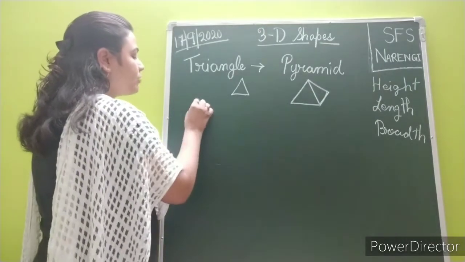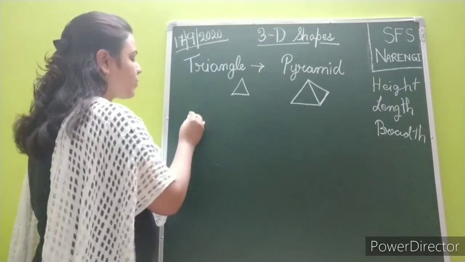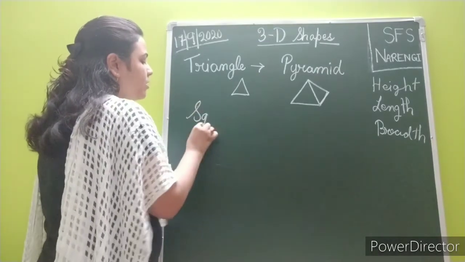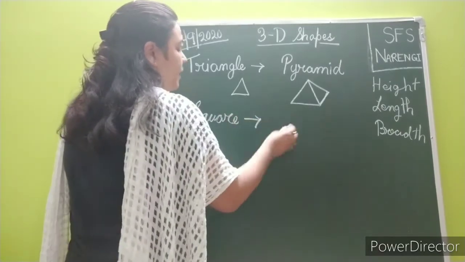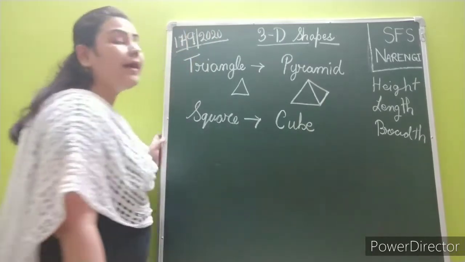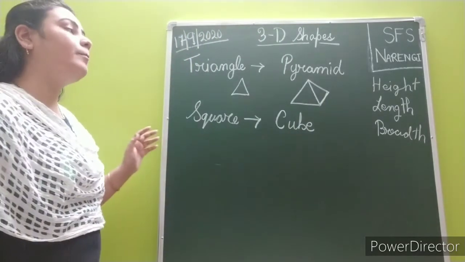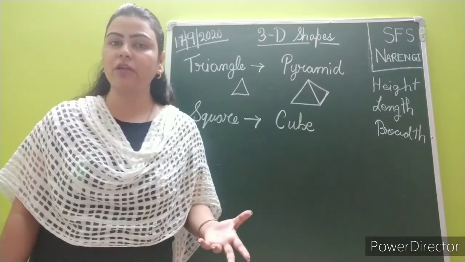Similarly, when we talk about the quadrilaterals, I'll talk about both the quadrilaterals here, that is the square and the rectangle. When we talk about the square, the 3D shape is the cube. Now, why is it different for a square and why is it different for a rectangle? But both of them are quadrilaterals.